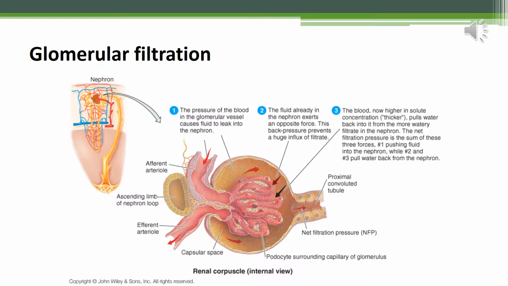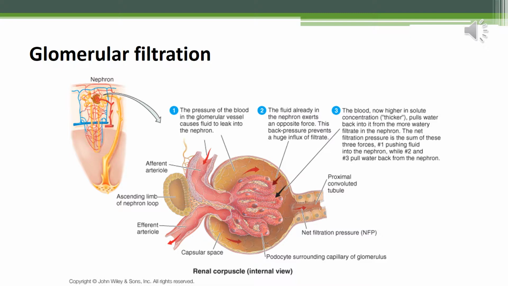The back pressure prevents a huge influx of filtrate into the nephron. The blood, now higher in solute concentration, or you can say it's thicker, pulls water back into it from the more watery filtrate in the nephron.